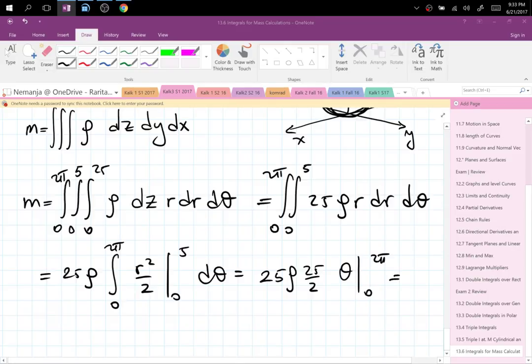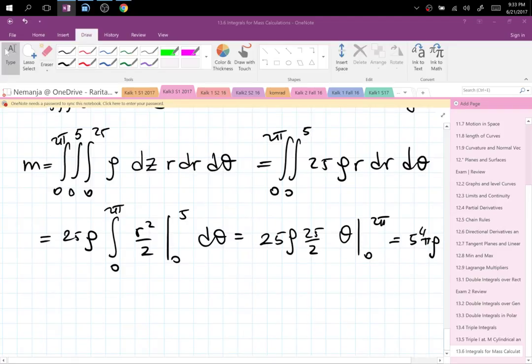That will kill the 2, so it's 5 to the 4 rho pi. Right, because I have 25, that's 5 squared. We can calculate because it's 625 pi, but 5 to the 4 I like better because I can cancel better. All right, so that was that.